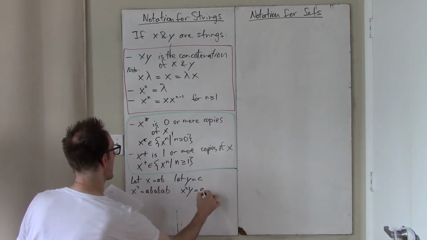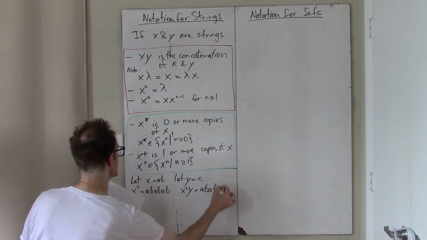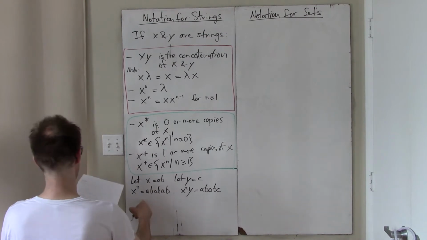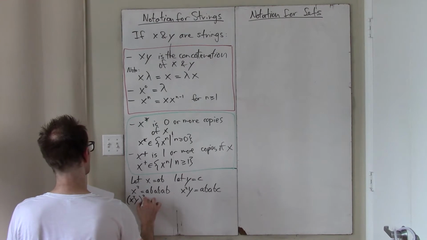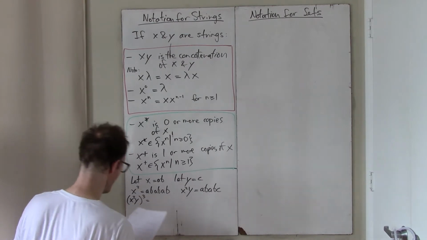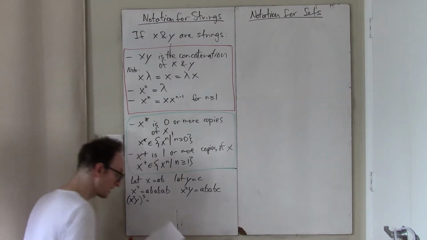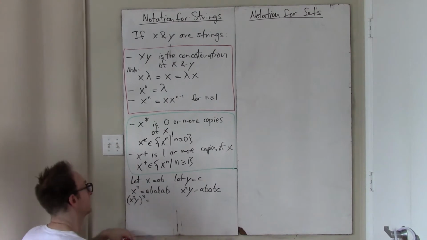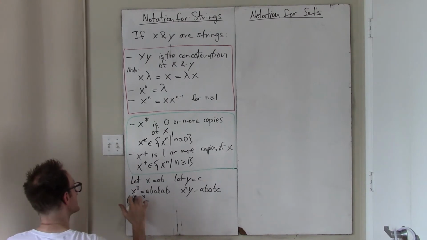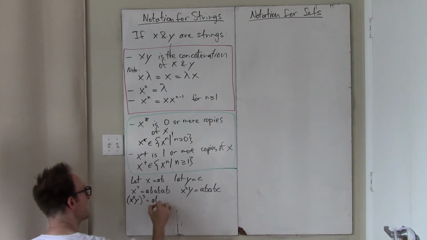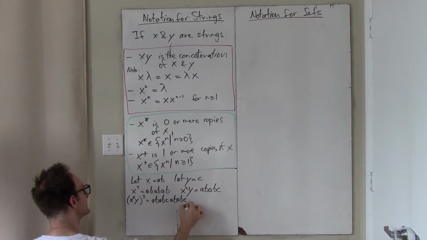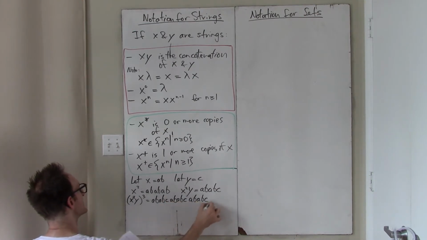It would just be A, B, A, B, C. Okay, I think those are easy. What about x squared y cubed? Well, this would be just that 3 times, right? So A, B, A, B, C, A, B, A, B, C, A, B, A, B, C.